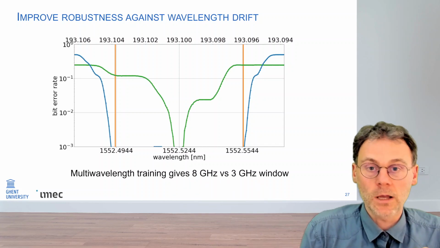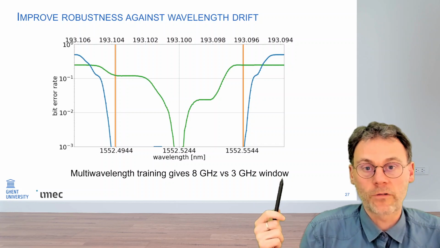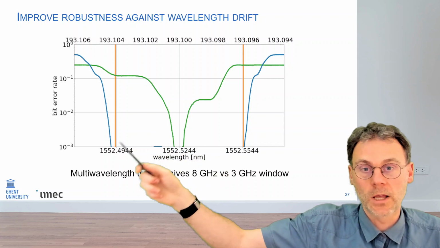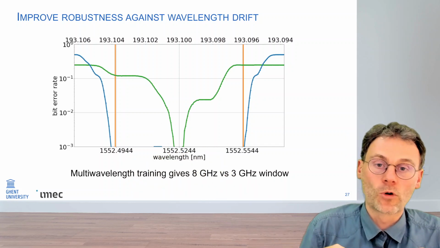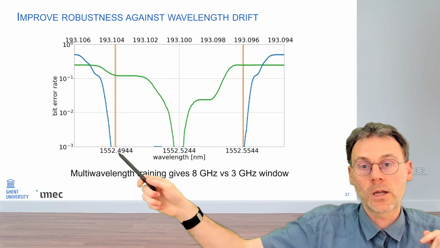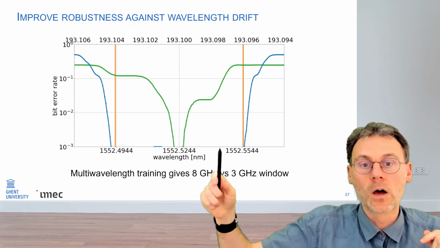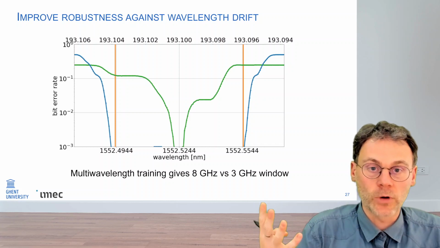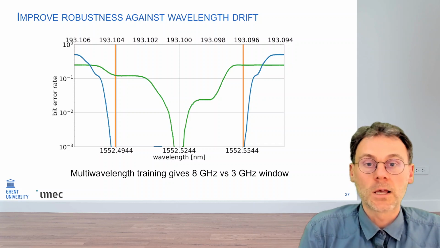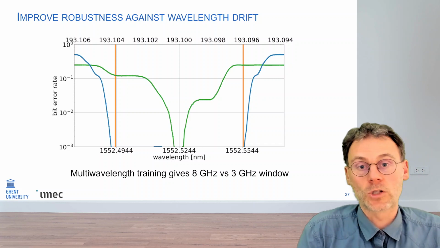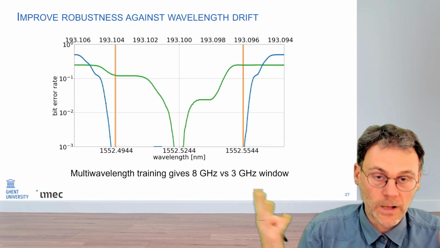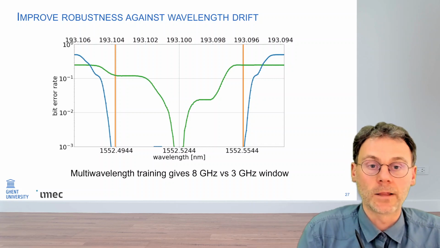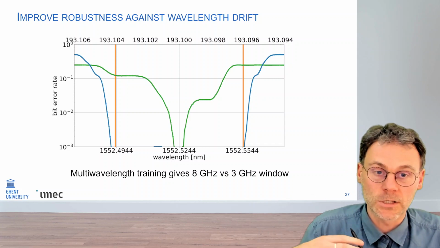But if during training you also want your system to work very well at other wavelengths, for example, you also include these 2 wavelengths over here, then all of a sudden you get a much more robust system where the bit error rate is very low for an 8 gigahertz window in this case. So this is a very simple trick to make your system more robust, simply by exposing it during training to much more environmental changes, either wavelength drift or temperature, and that way you can get a very robust system.